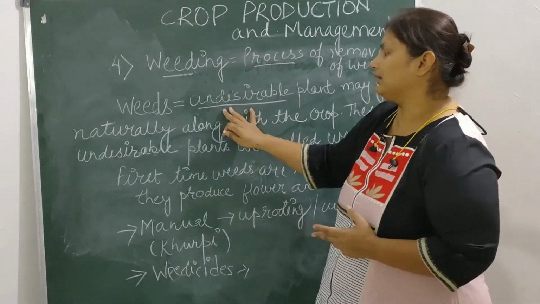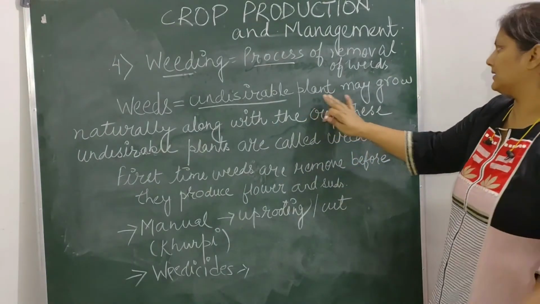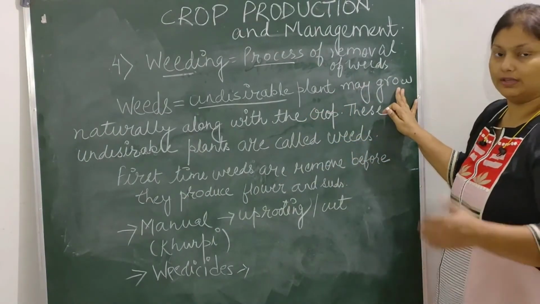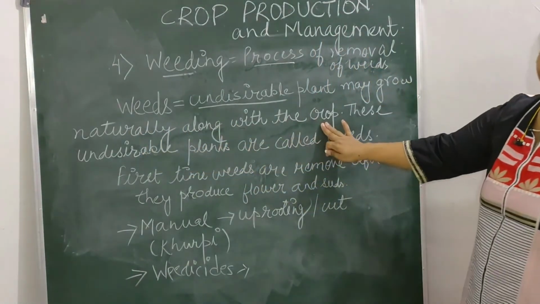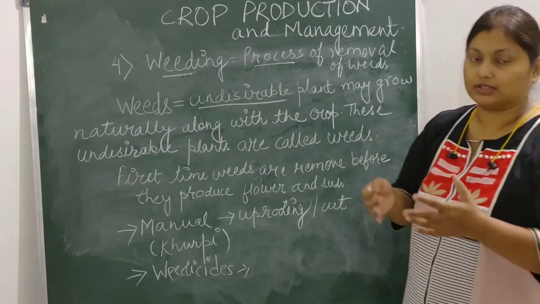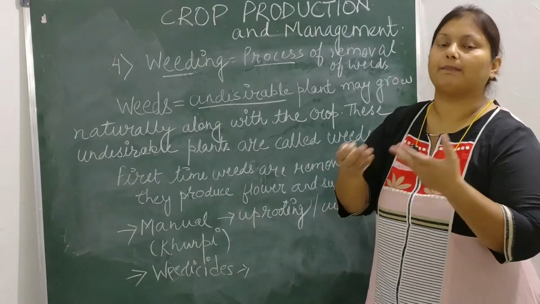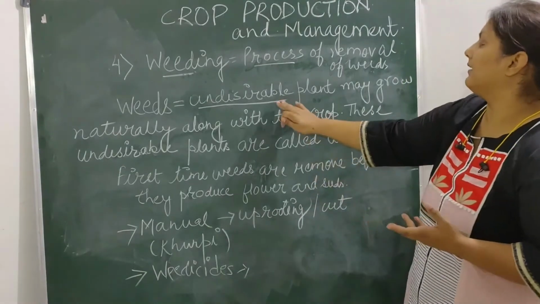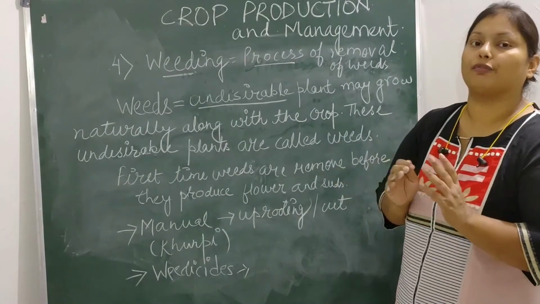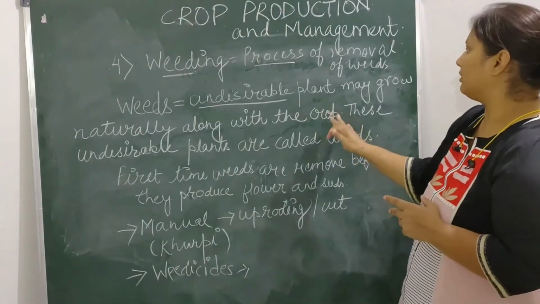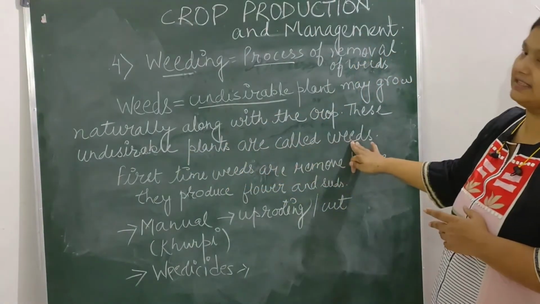So an undesirable or unwanted plant, a small plant, may grow naturally along with the crop. जो आपकी मेन क्रॉप है उसके साथ उसके पेरीफेरी में, उसके आसपास वो डेवलप हो जाता है. That is a weed: an unwanted plant which develops near or in the periphery of your main crop. These undesirable plants are called weeds.